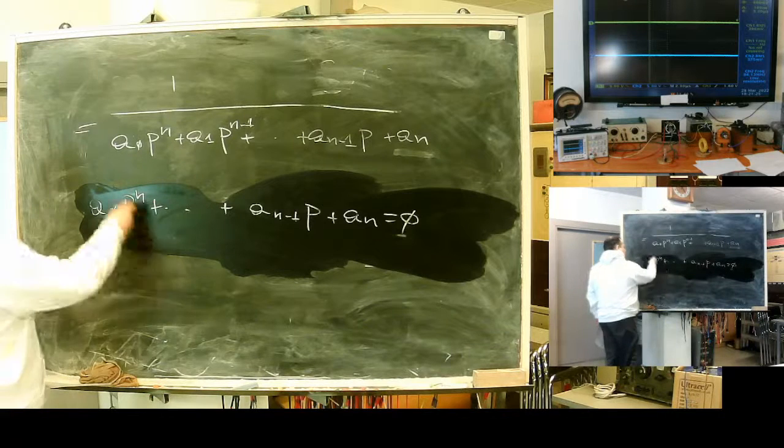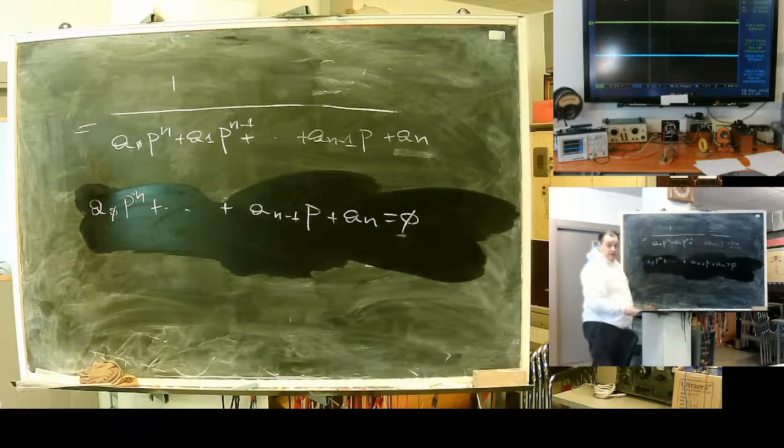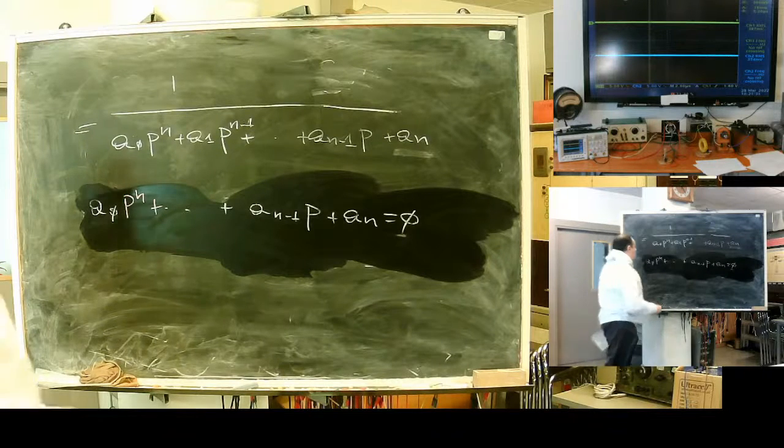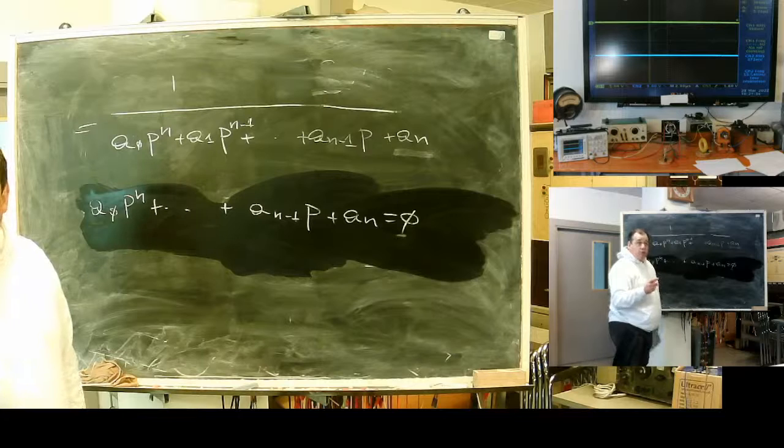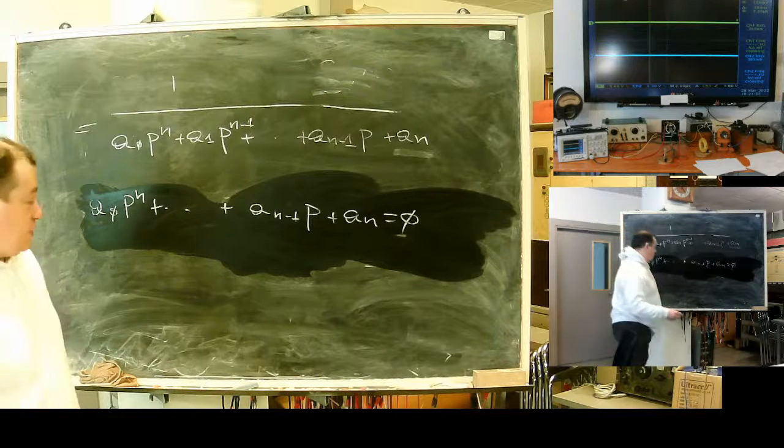We will get a sum of roots. These roots are corresponding to the poles of the transfer function.